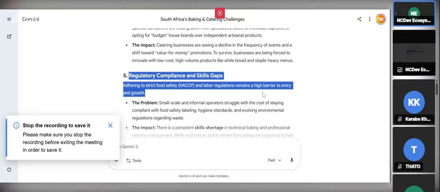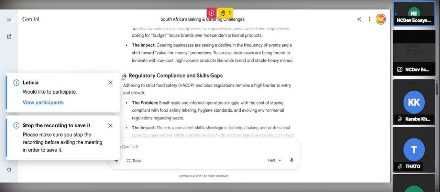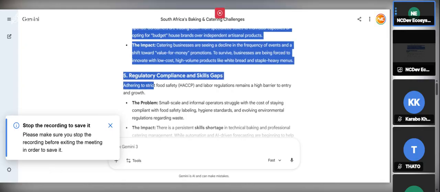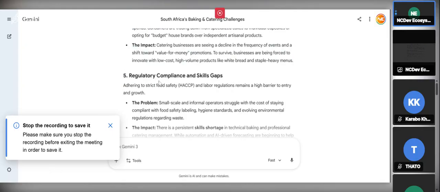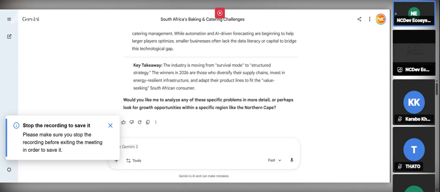We are a bakery and catering company that we would want to start, and one of the things we have identified is that there's a regulatory compliance and skills gap. So what we want to do is bring this in as one of our offerings. But we'll get to that.